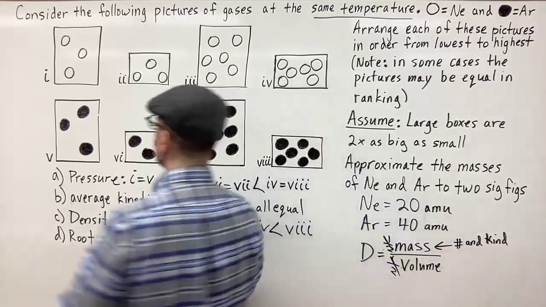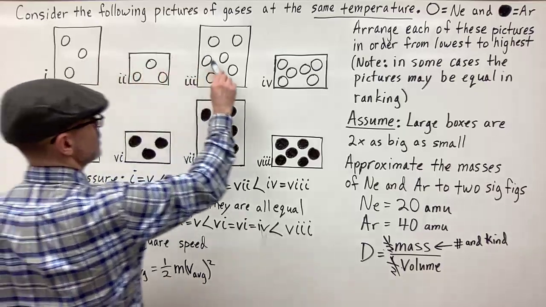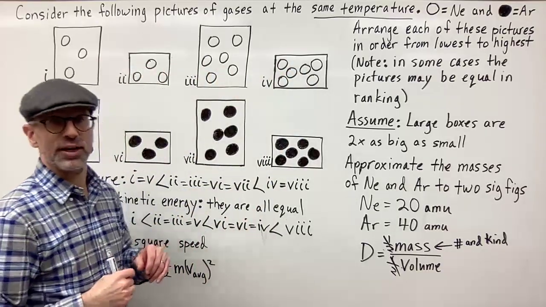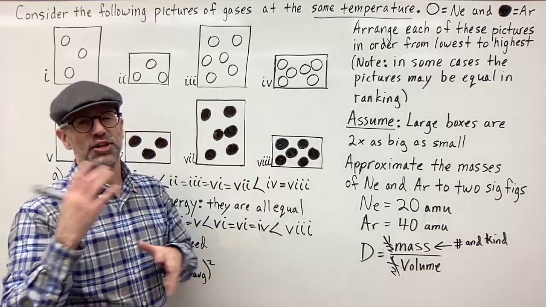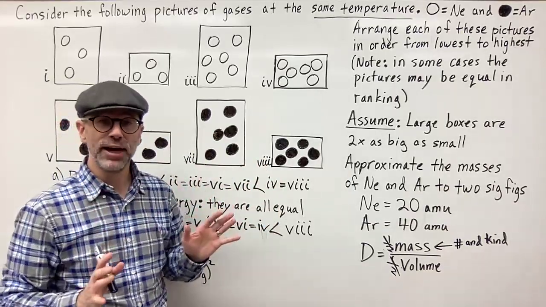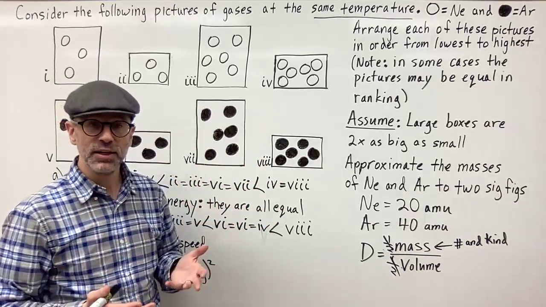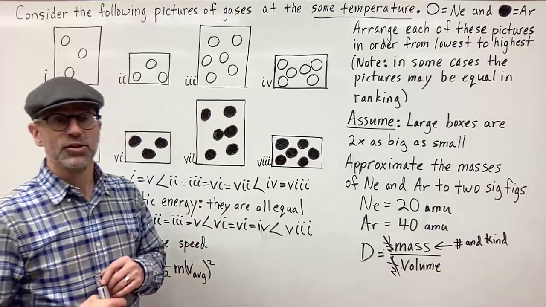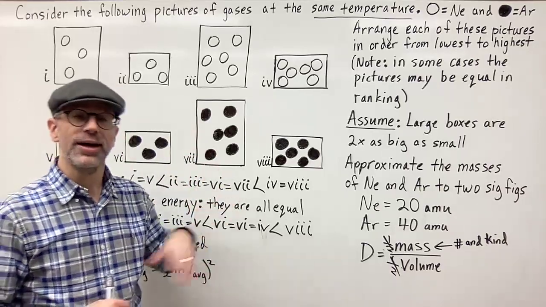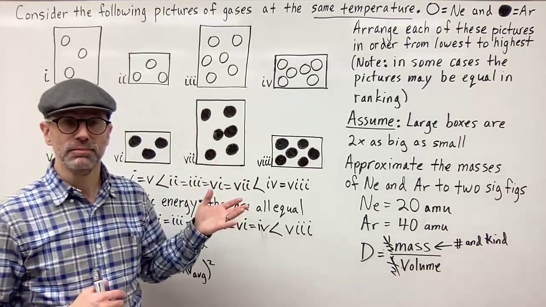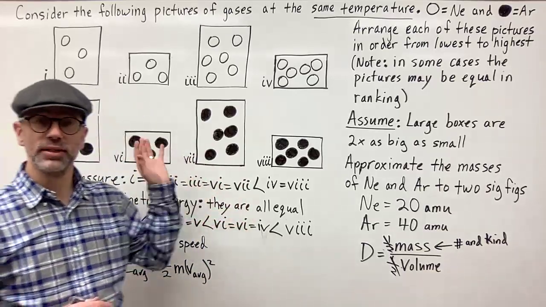So here, all of these boxes have lighter particles. They have different volumes, different numbers of particles, but that doesn't affect the average speed of the particles. I can throw more particles in there. It's not going to affect the average speed, right? That is going to be determined by temperature.